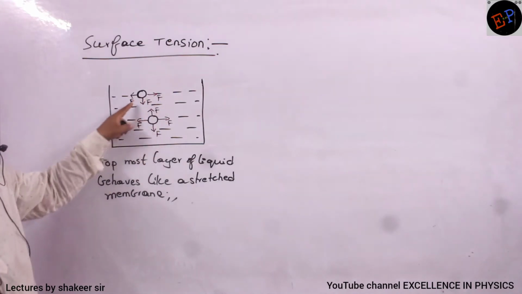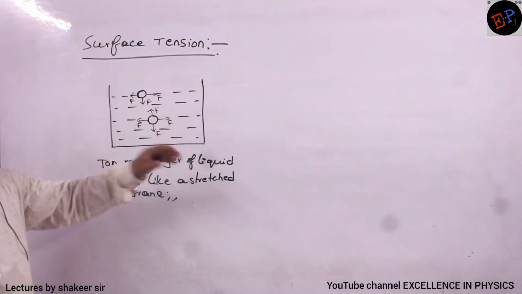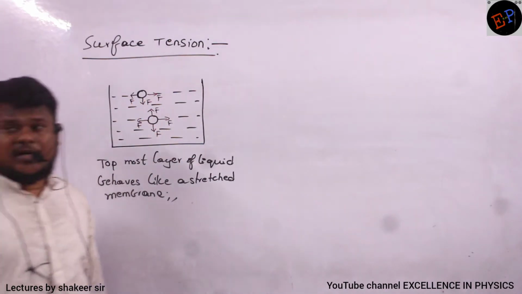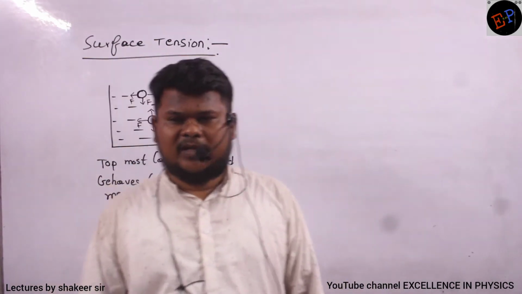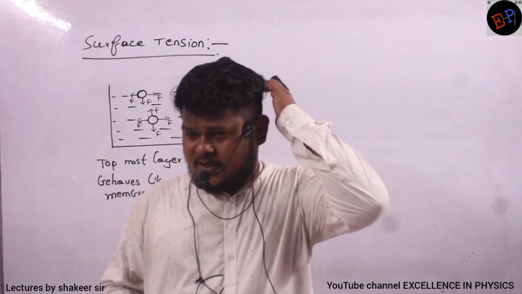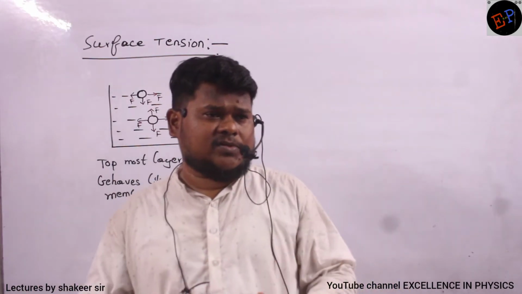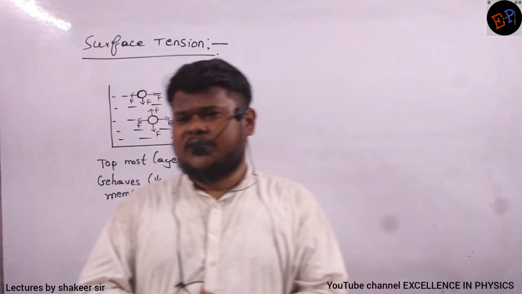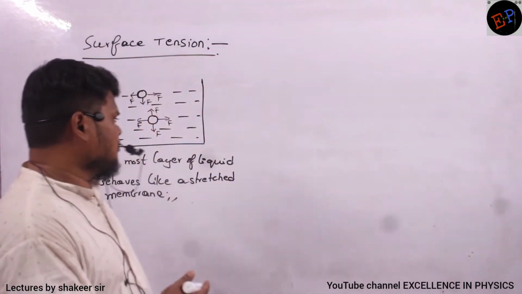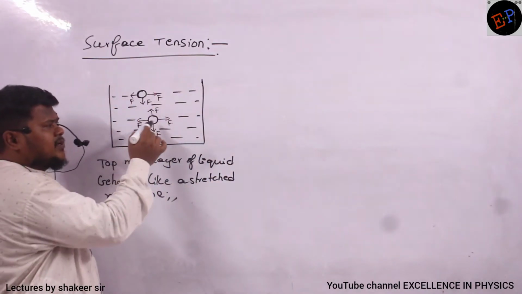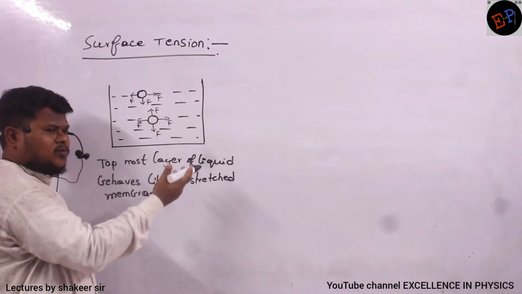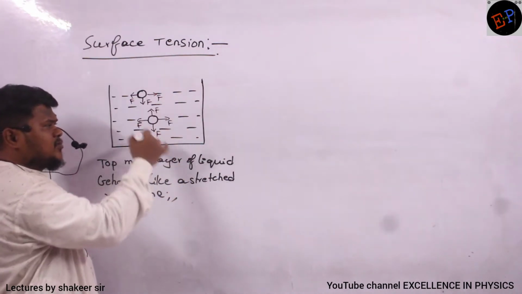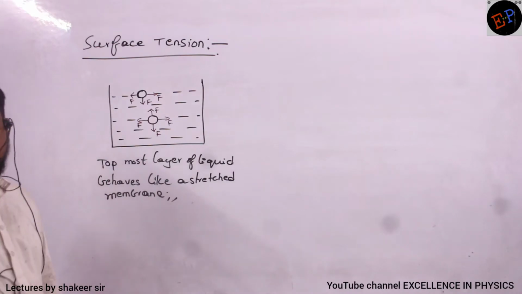So it is experiencing equal forces in every direction. So what happens to the net force? The net force becomes zero. Though it is experiencing force, all the forces are equal and opposite, so they cancel each other. Because the net force is zero, this molecule is free to move. Even at room temperature, it is able to move freely inside the water. It can move wherever it likes.